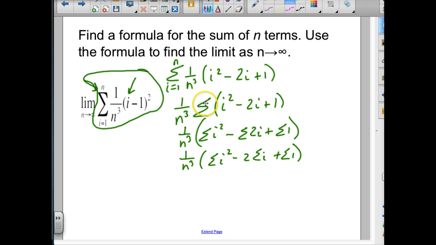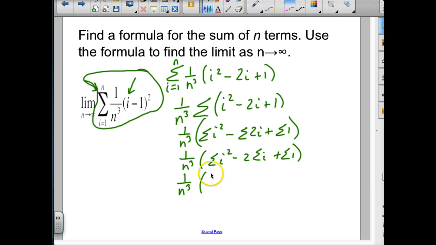Now if that thought process is common sense to you, then you can jump right from here to the summation formulas if you'd like to. But I just wrote them out in case this is new to people or they want to think through every step individually. So the summation of i squared. Remember our formula for that? I think we just reviewed them.